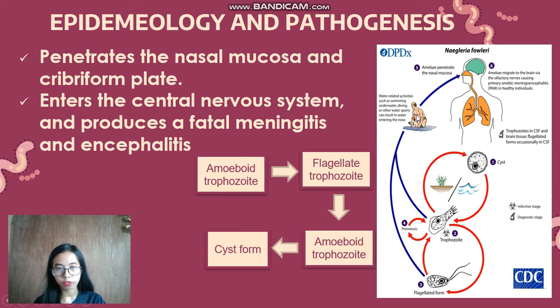So, the father and the son swimming in contaminated water, the infection will enter their nose, and the amoeba penetrate the nasal mucosa and migrate to the brain via the olfactory nerves, causing primary amoebic meningoencephalitis, or PAM, in healthy individuals.